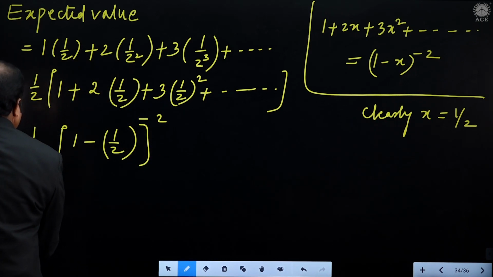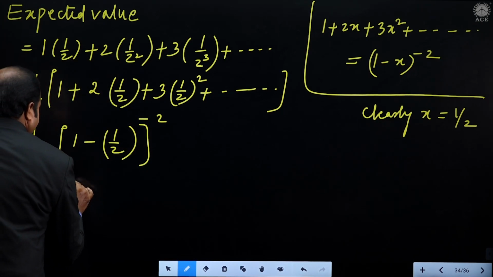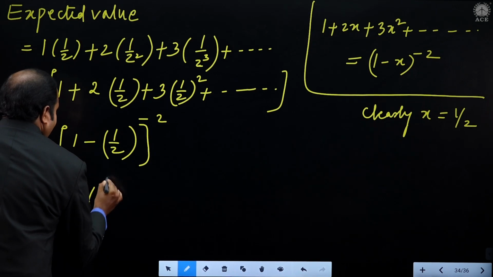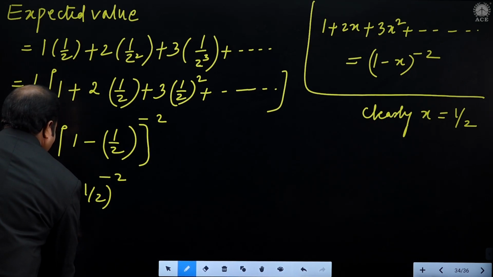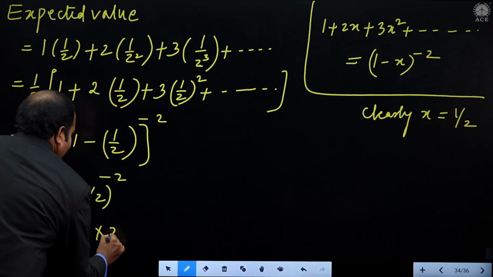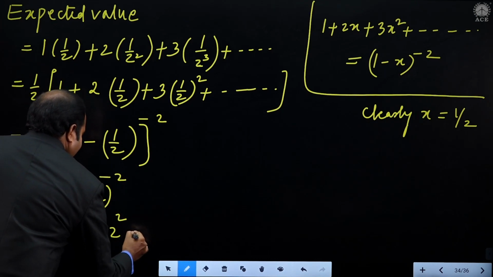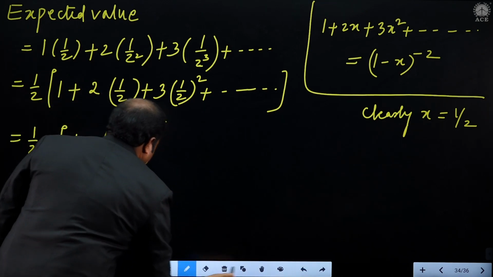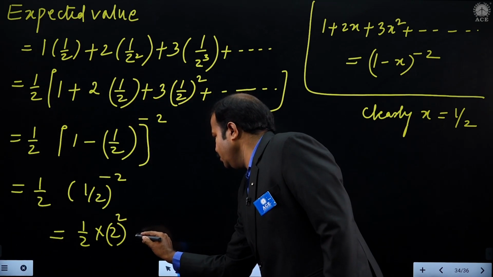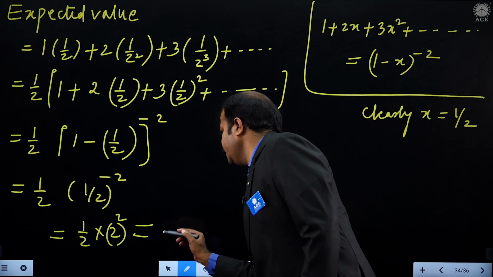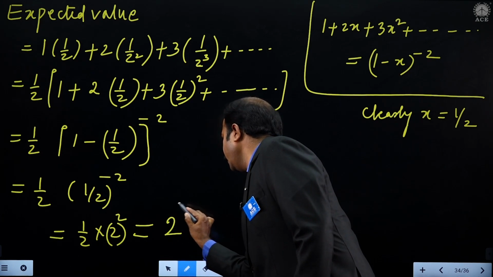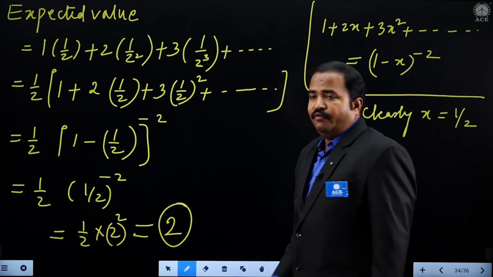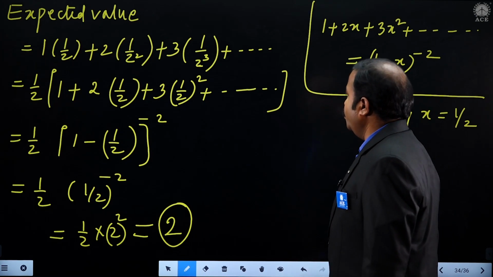That is 1 by 2 into 1 by 2 whole power minus 2. So this is equal to 1 by 2 into 2 square, by taking the reciprocal. So that is 4. By simplifying, this is equivalent to 2 only. So the required expected value is 2 only.